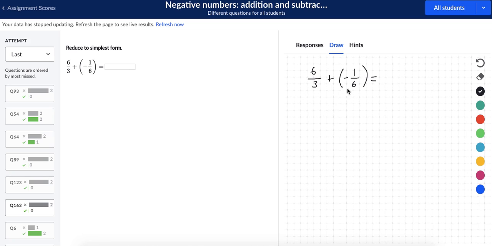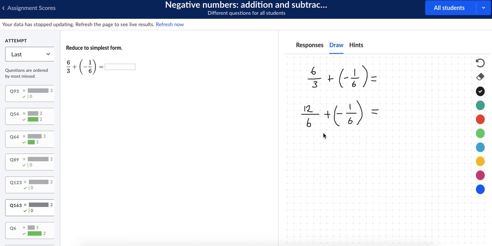Well, common denominators. We're going to need this. This third we're going to have to deal with. So we want everything in sixths. In sixths, we're going to be doubling, so multiplying above and below by 2 gives us 12 sixths, the equivalent fraction to 6/3, plus negative 1/6.